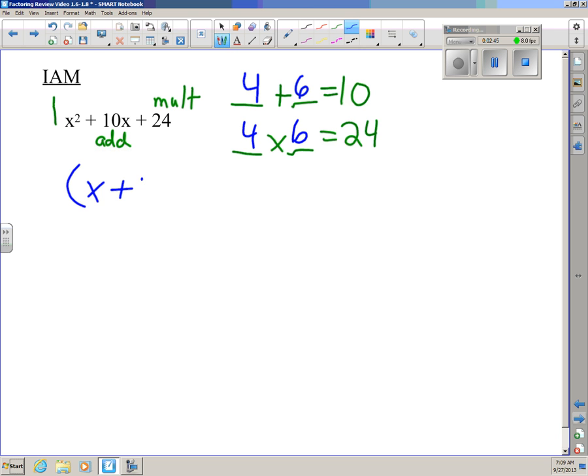So you get x plus 4 times x plus 6. It's a very specific trinomial with the 1 for the coefficient, adding to the middle x term and multiplying to the constant.